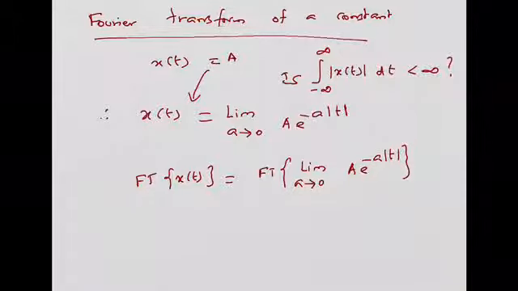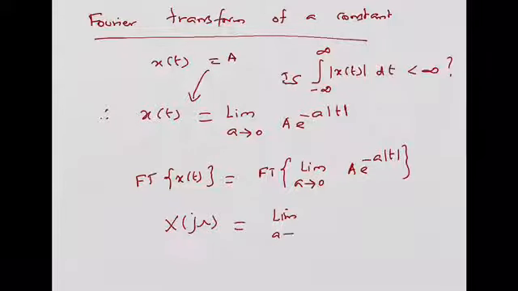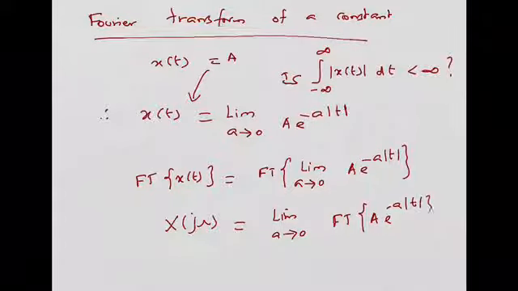Upon application of Fourier transform on both the sides, you will come to know that this X of j omega is equal to simply limit a tends to 0. The Fourier transform is only applied over e power minus a modulus of t.